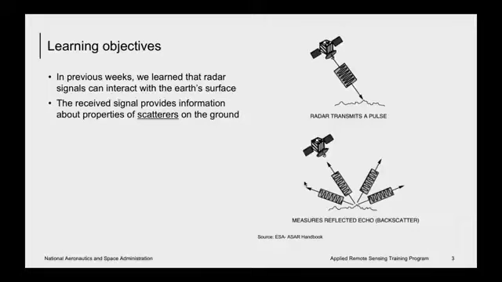The received signal provides information about properties of targets on the ground, or scatterers. And more information is gained by studying different polarization. By illuminating the targets with waves of different polarizations, we learn more about the target's physical properties.